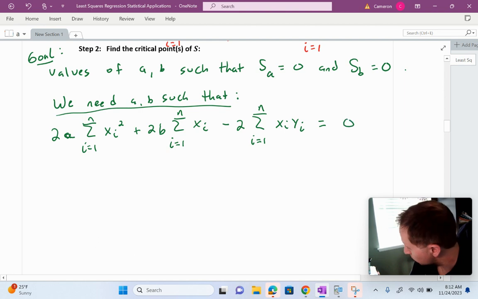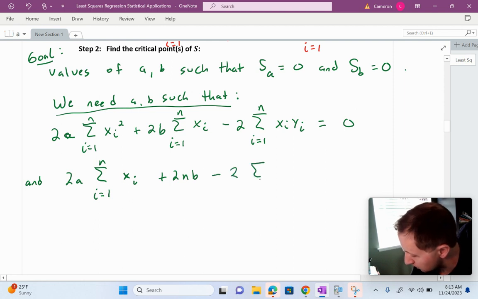We need that to equal 0. And we need s sub b to equal 0. That was 2a sum i equals 1 to n x sub i plus 2nb minus 2 times sum i equals 1 to n y sub i. I need that to equal 0.